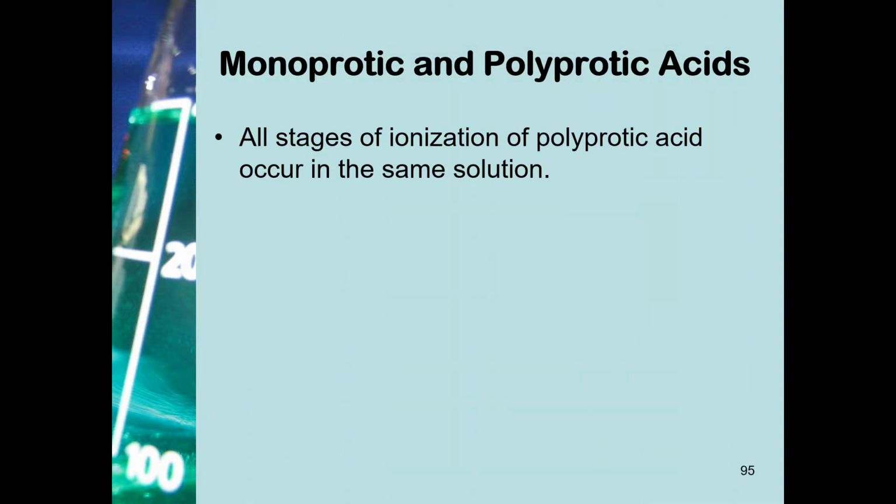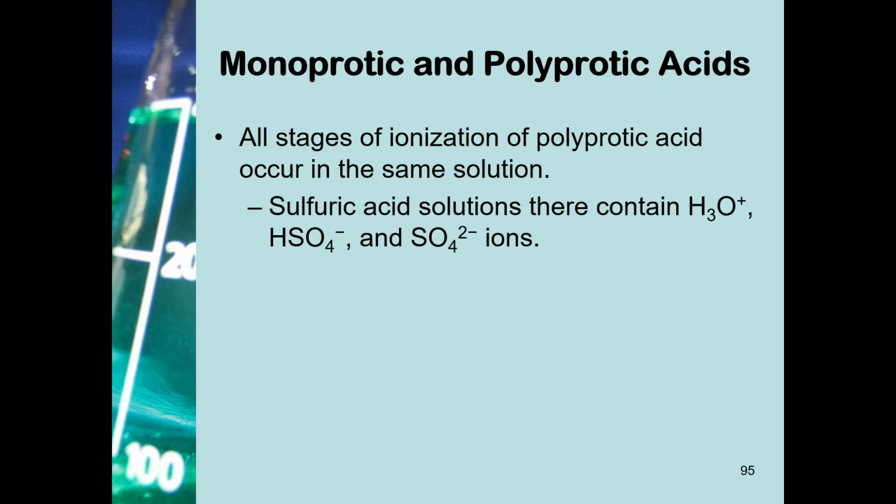Now, all stages of ionization of a polyprotic acid occur in the same solution. You don't have to take one out and put it in another one. They all happen in the same solution. In sulfuric acid solutions, because of the two stages that we've talked about, we have hydronium ions forming in both stages.